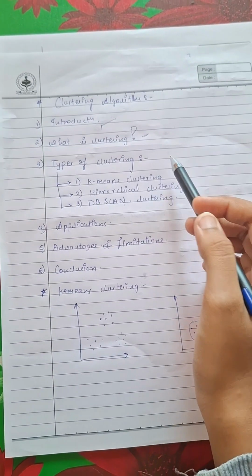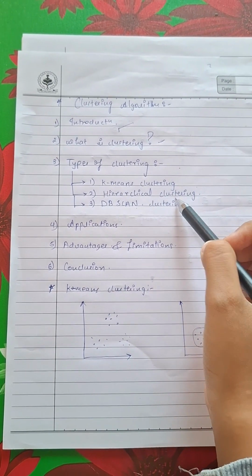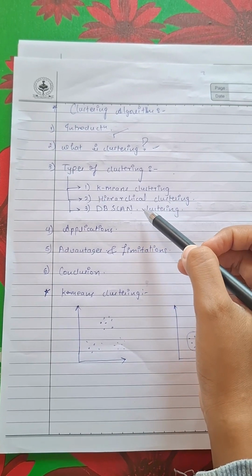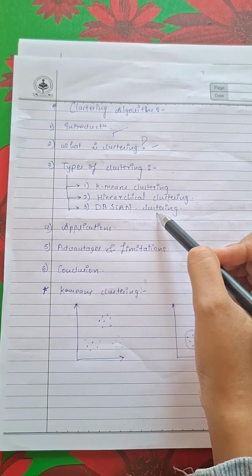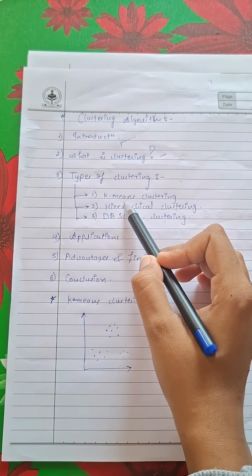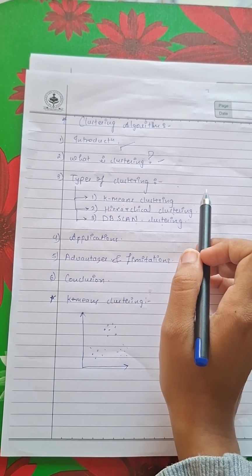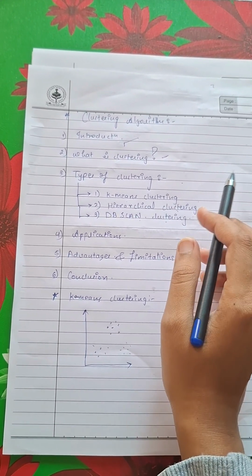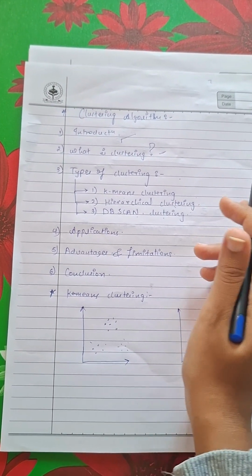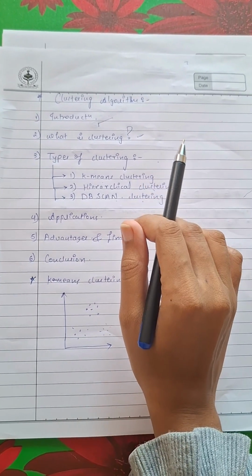Now let's move forward with the types of clustering. There are three main types of clustering: k-means, hierarchical clustering algorithm, and DBSCAN clustering algorithm. First let's see what is the k-means clustering algorithm. This type of algorithm divides the data into non-overlapping subsets, that is clusters, where each data point belongs to exactly one cluster.